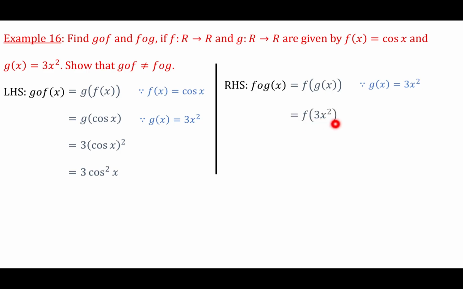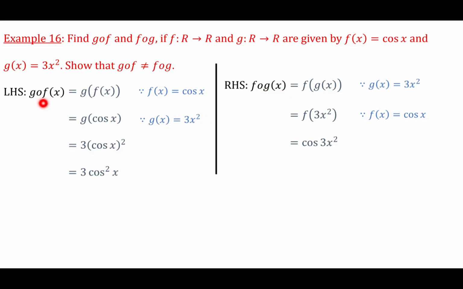And we know f of x value is given cos x. So in place of x, I will write 3x squared. We just need to plug in this x value in this place. So it will be cos 3x squared. In place of x, I wrote just 3x squared. This is the value of f circle g of x.